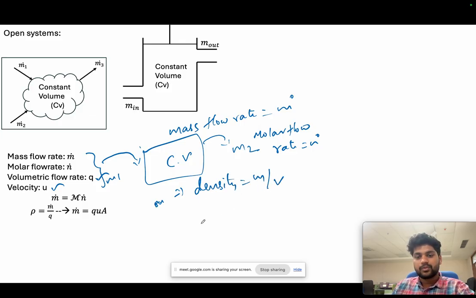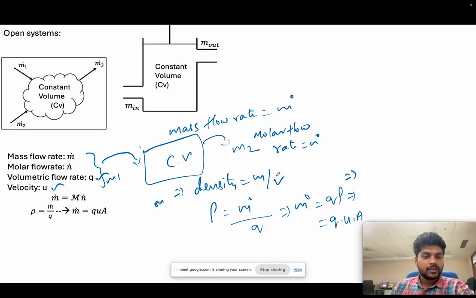So mass flow rate equals volumetric flow rate into density, and the volumetric flow rate is velocity into area. So now we got this formula, and the molar flow rate is equal to this.